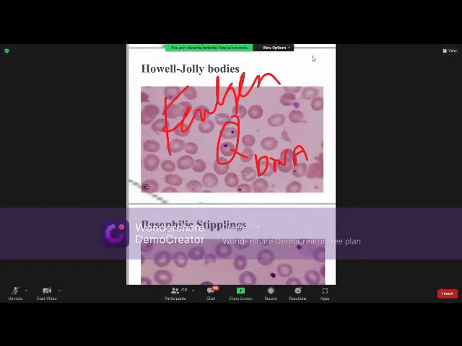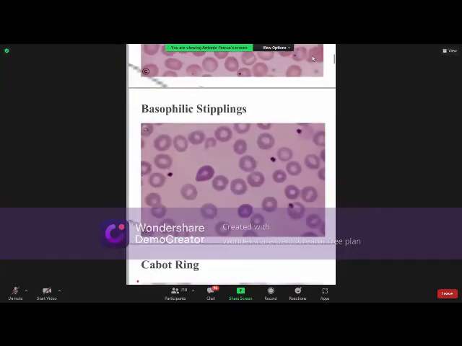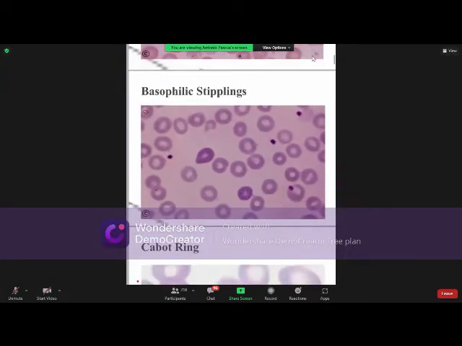That is the most specific reaction for DNA and for Howell-Jolly bodies. Once positive, you can confirm that those dots within the cytoplasm of your red cells are really Howell-Jolly bodies. Are we clear with that? Yes po. Okay.